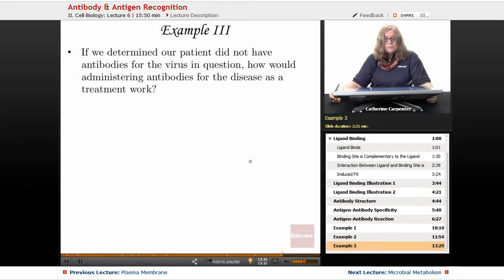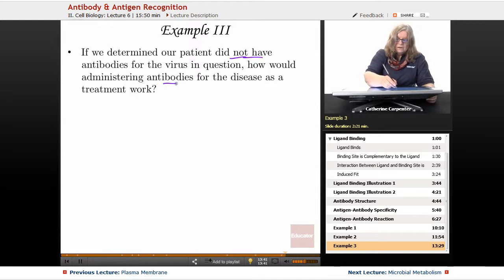If we determined our patient did not have antibodies for the virus in question, how would administering antibodies work?